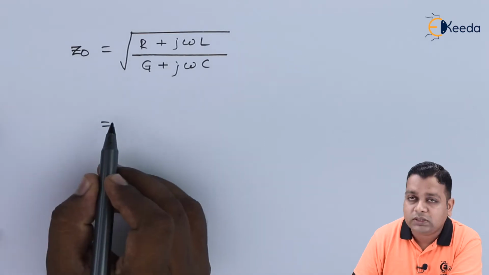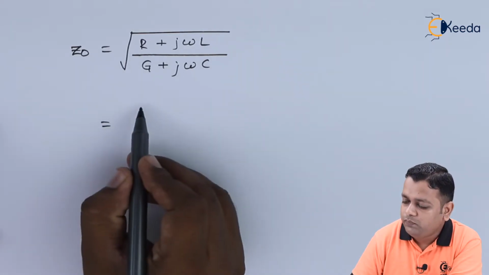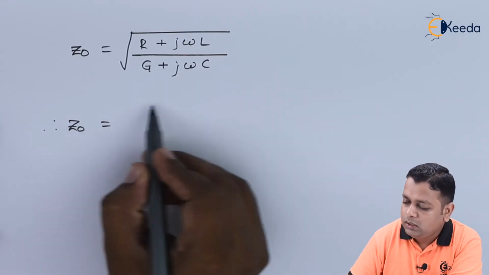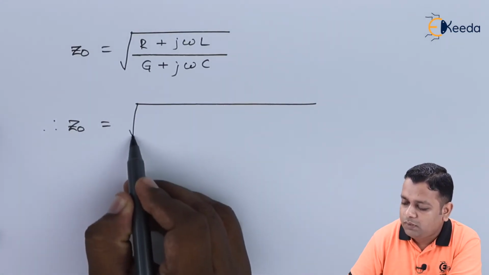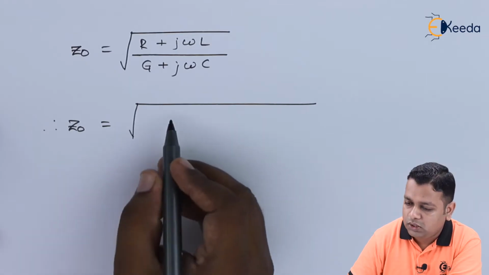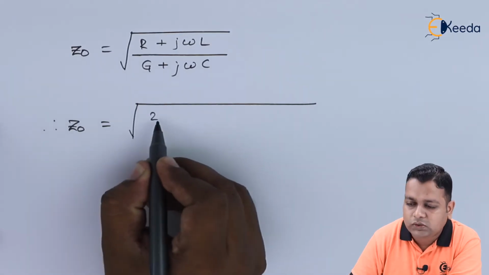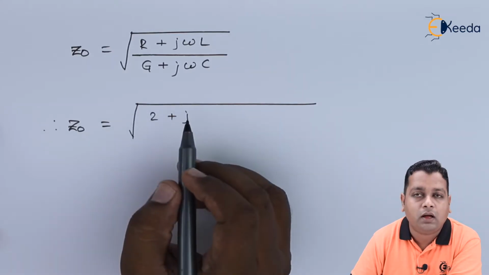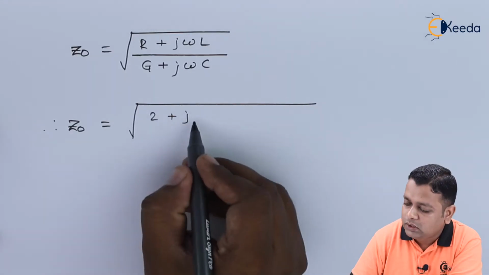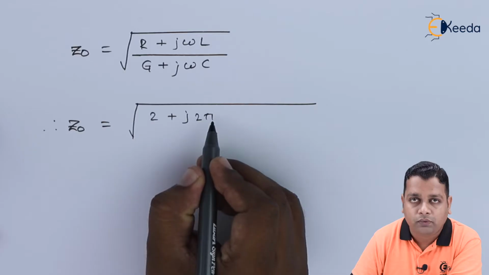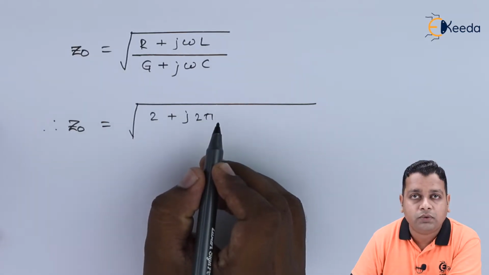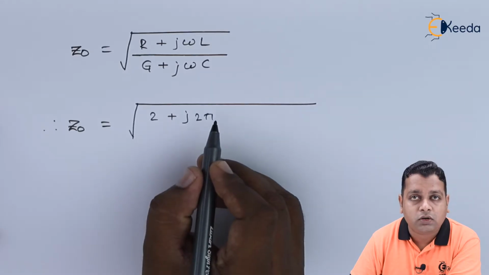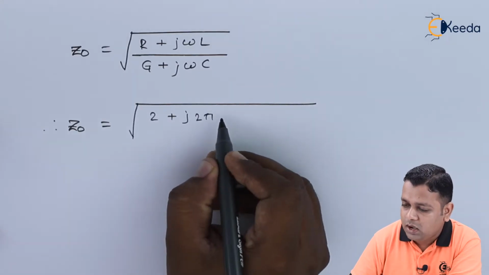Now it's time to make the substitution. In the next step, to find the characteristic impedance Z0, in the numerator in place of capital R we substitute the given value, 2. We further add j omega. Omega can be written as 2 pi f, where f, the operating frequency over the transmission line, is 1 gigahertz.